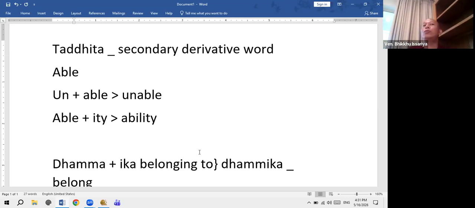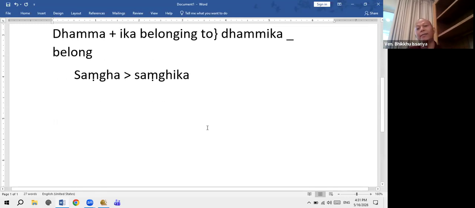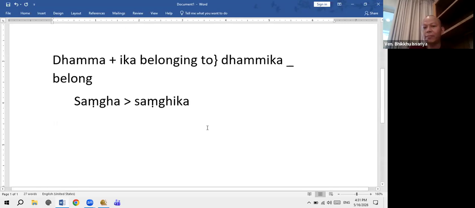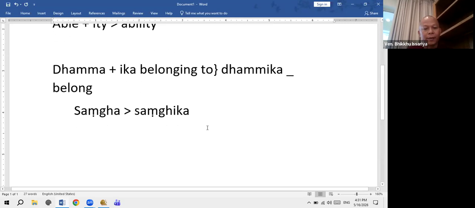So if we know the meaning of the root word or basic word, then for the Taddhita word, we can guess what it means. Okay. So that is just an introduction to what Taddhita, the secondary derivative, is in Pali.